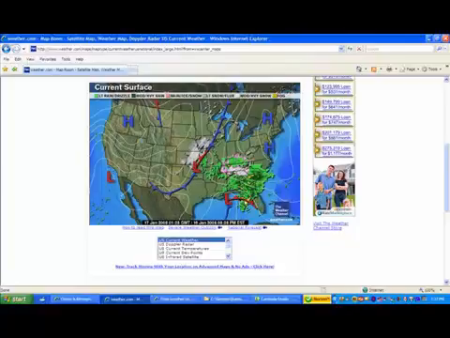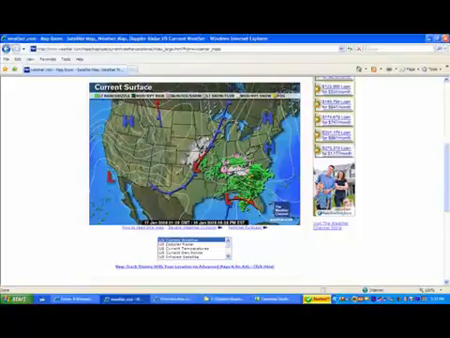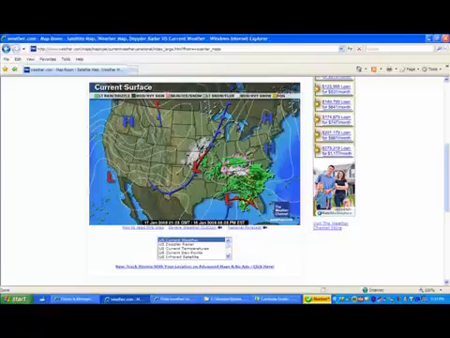Now we'll talk about cold fronts and warm fronts in more detail later on in the semester. But as you're looking at this, you should notice that all the active weather is occurring near fronts and low pressure systems, as we see right here. Around high pressure, over here in the northeast, and high pressure back here in the northwest, you don't really see any precipitation. So that's typically associated with fair weather.